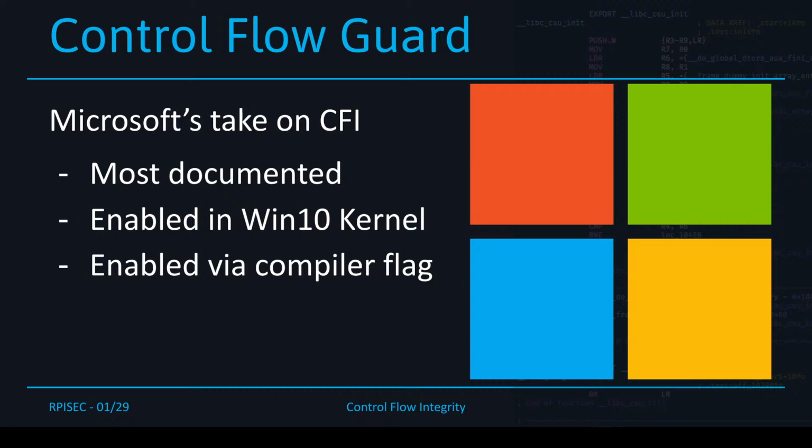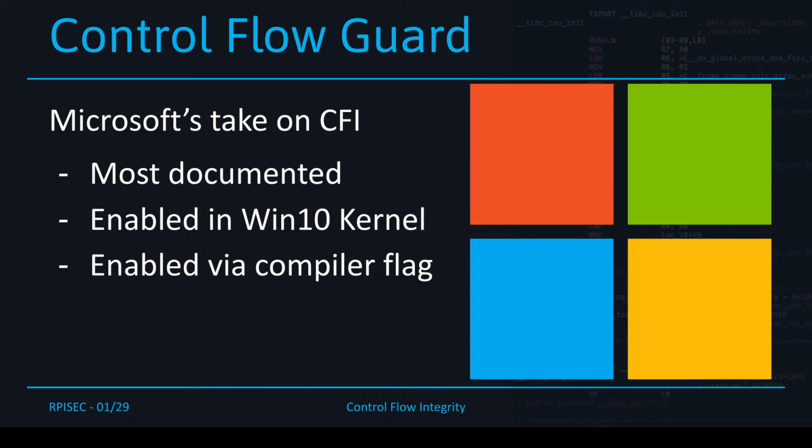For a long time, Google Chrome was using Clang CFI as a mitigation within their browser to make sure that they were more secure. However, at this point, control flow guard is actually much more widely used, because it's supported not only by any program that you compile for Windows, but also it's actually enabled in the Windows kernel.